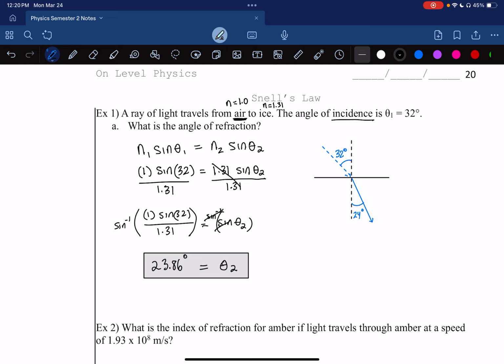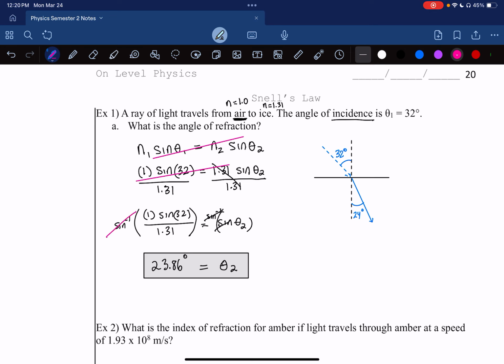Let's see. So I'll give you a point for having Snell's law, n1 sine theta 1, just exactly the way it's written here. I give you a point for substituting in your numbers correctly. Like this has to be the index of refraction for air, and that needs to be the incident angle. You can't have 1.31 here in the 32. That would be wrong. So I'll give you a point for having those correct numbers in there.